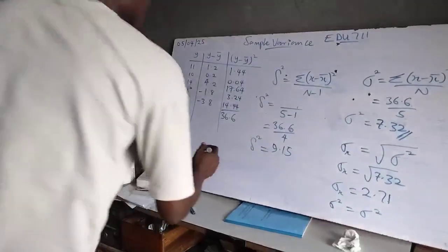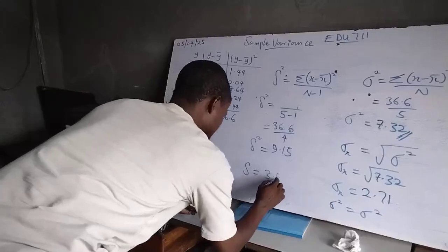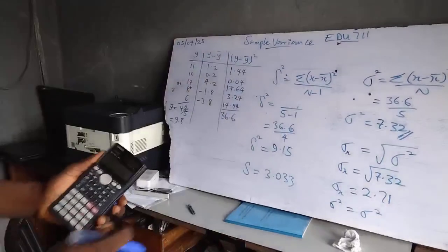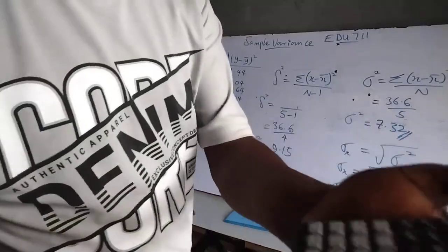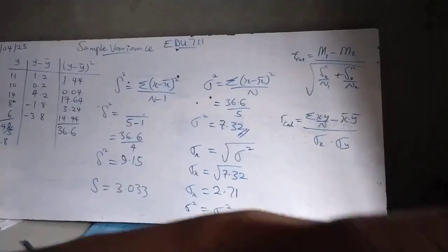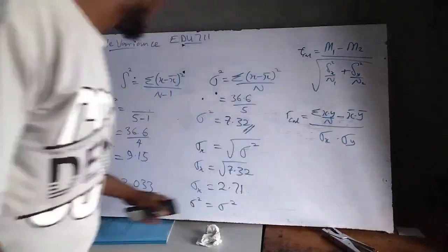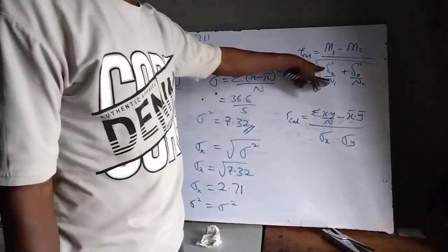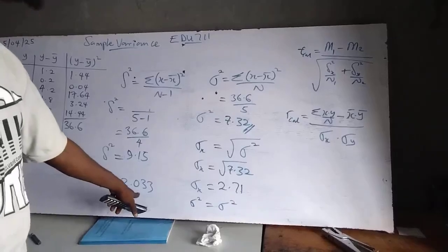That is the sample standard deviation, which is S. In your calculation, when you get this value, what you need to do is to square it. You can see this is S square and this value is S. So just square this value.